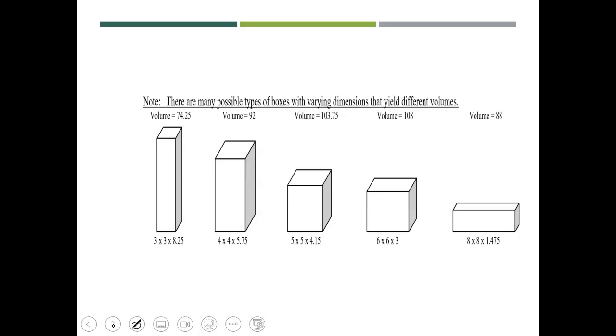A box that is almost a square has 108, but a box that is long and skinny has 74.25. So what companies do is they try to find a shape that is the most cost effective. And sometimes the materials of different parts cost different amounts.